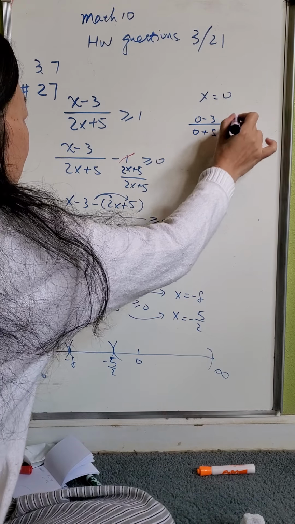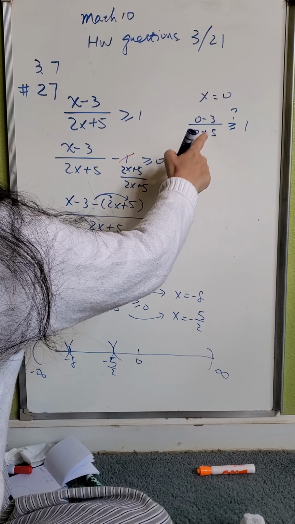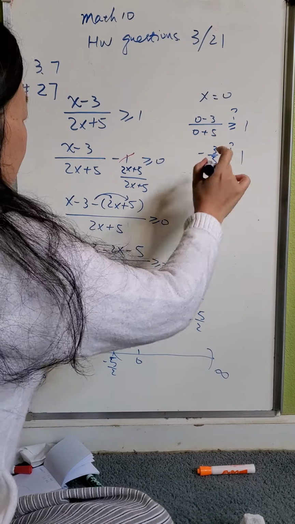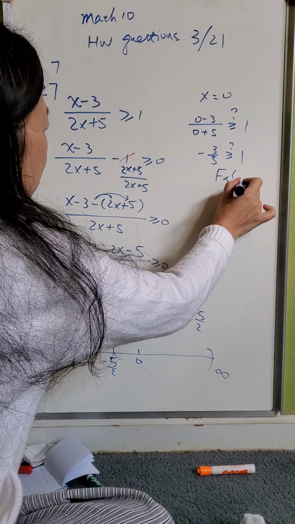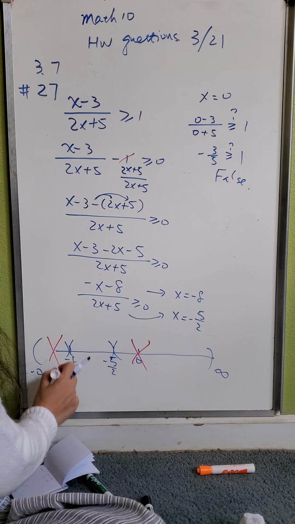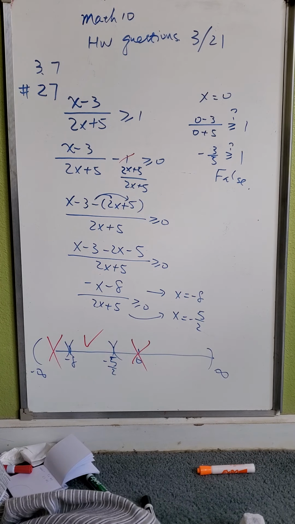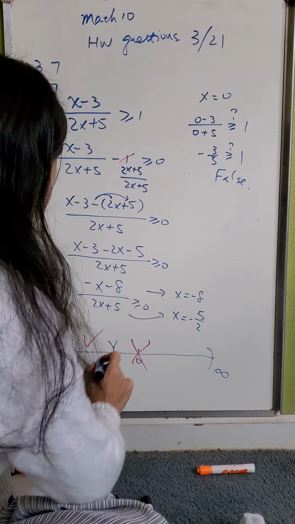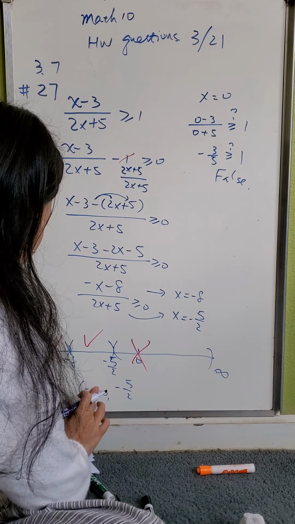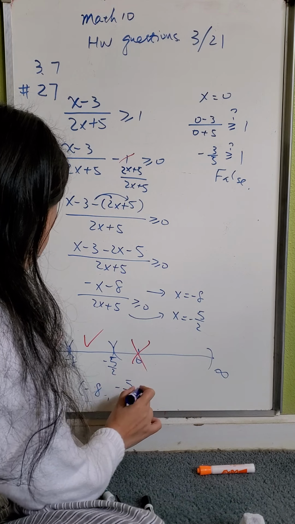That's negative 3 over 5, and is it greater than or equal to 1? The answer is false. If the answer is false, that means this won't be your answer, so your answer is right here. So your answer will be from negative 8 to negative 5 over 2.